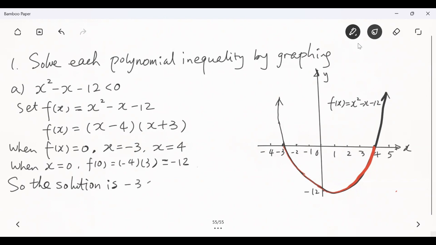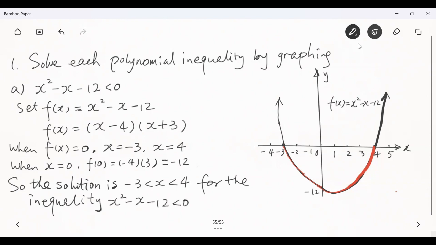It is not equal to 0, so it's not including the boundary. So for the inequality x squared minus x minus 12 less than 0, this is the answer for A.